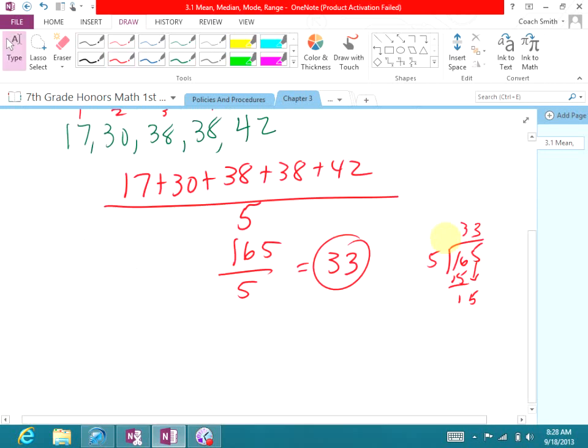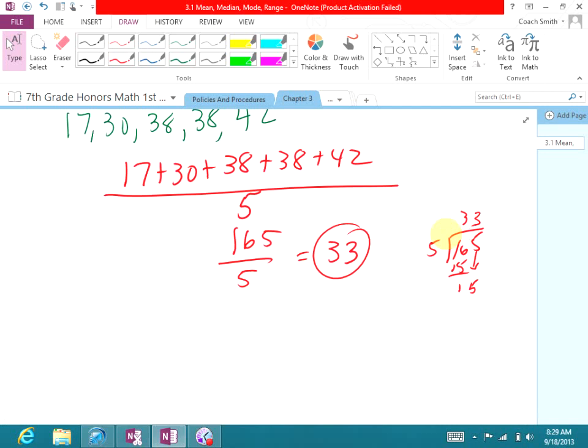Okay, the next one is median. Probably the harder of the 4. People get confused. It's really not that hard. It's just for some reason people get confused on it.